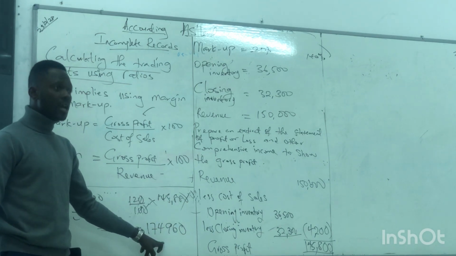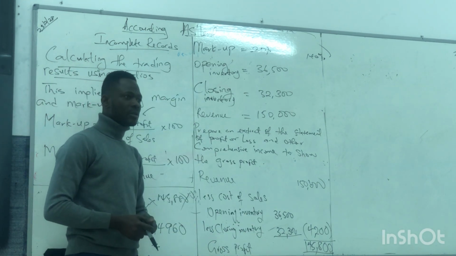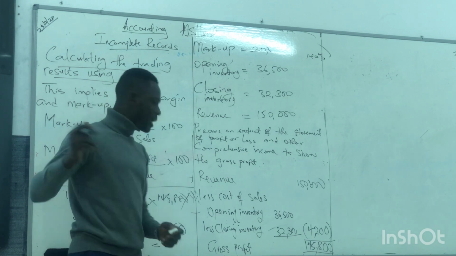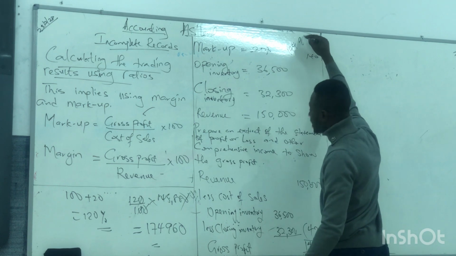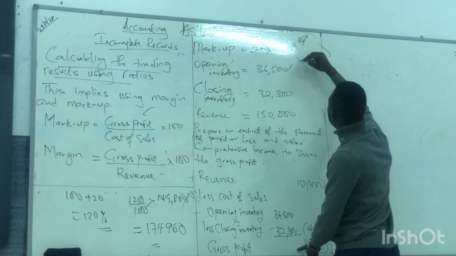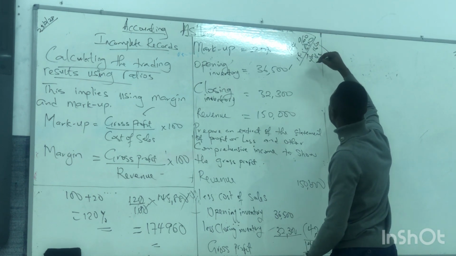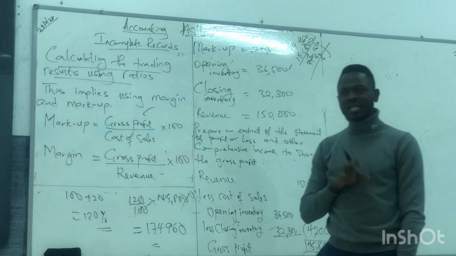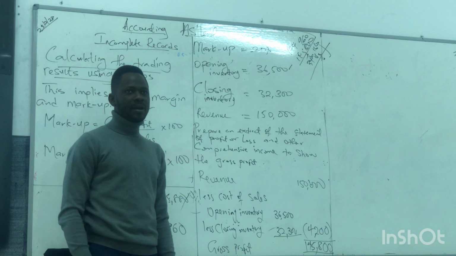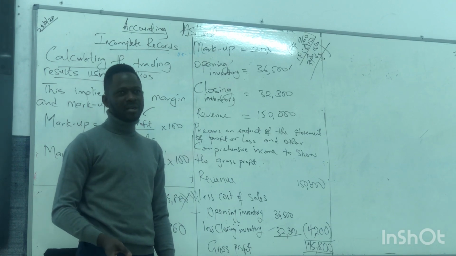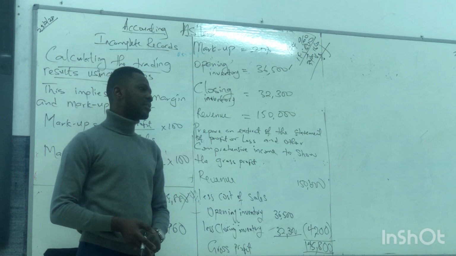So our increment will be 174,960 minus 145,800, which is 29,160. So that is the estimate for the future gross profit. Is it clear now? Yes.